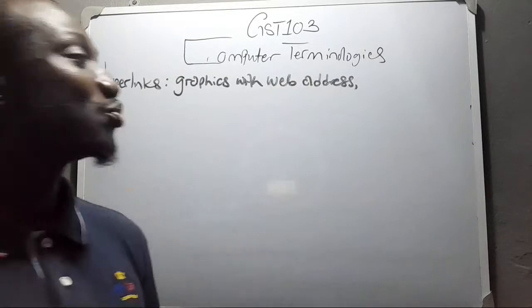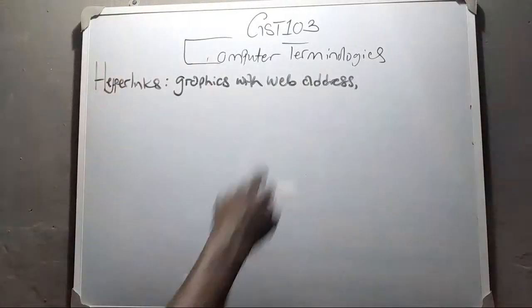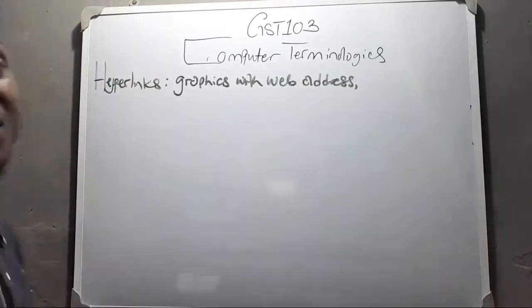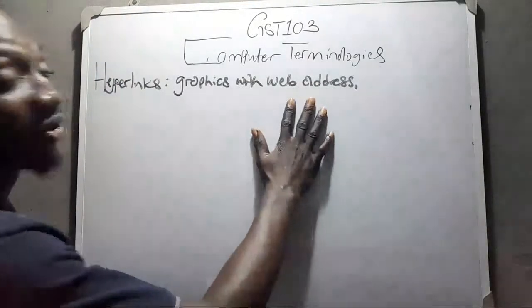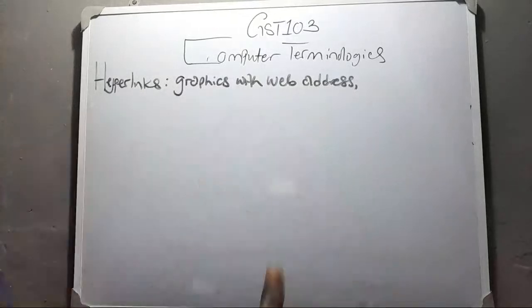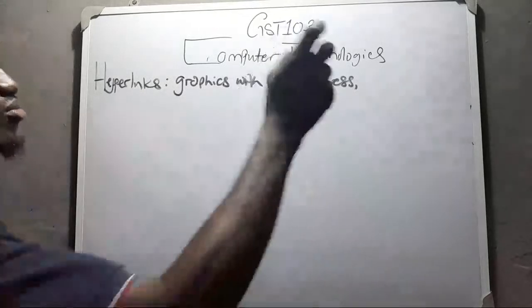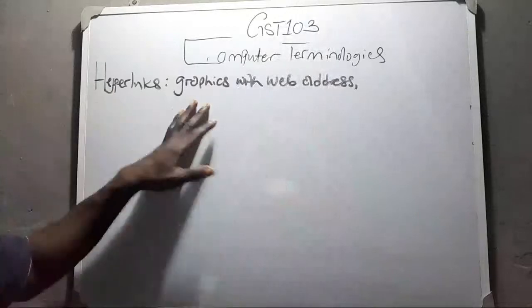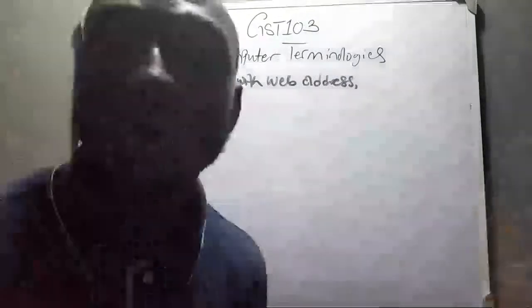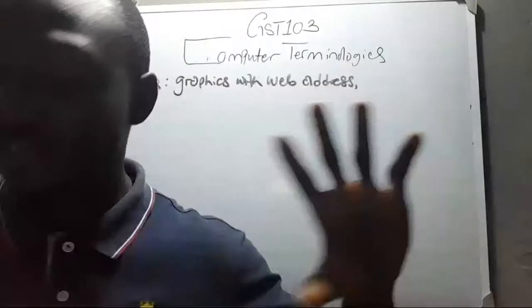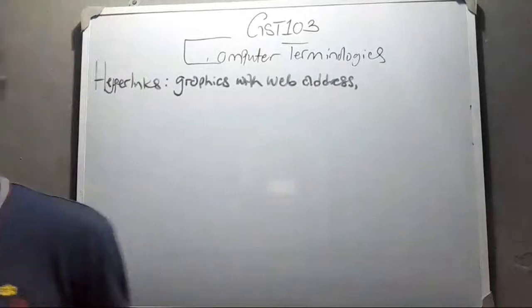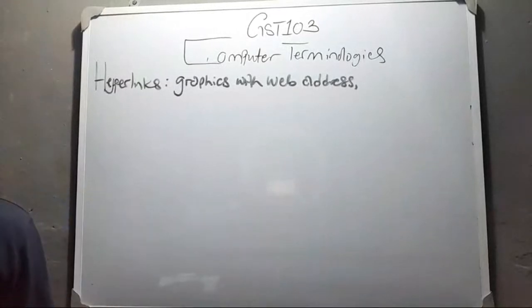And you realize that word, if you just click on it, it will take you somewhere else. It is responsive. And you realize if you click on the regular one, maybe that one in black ink, it is not responsive. That one that is responsive is called a hyperlink. So it can be in form of graphics or in form of bordered text, but if you click on it and it's responsive, then it's a hyperlink.